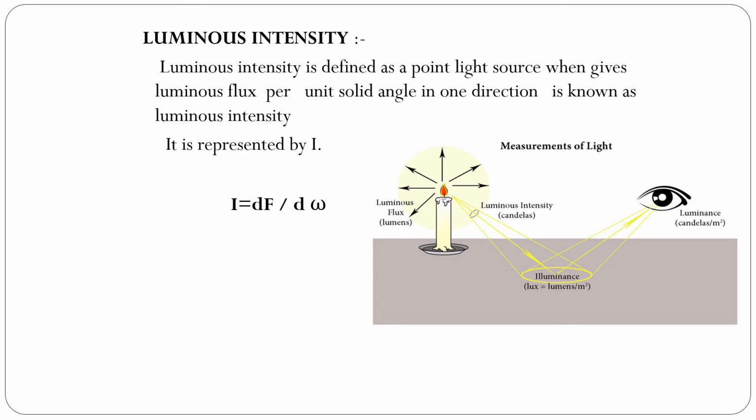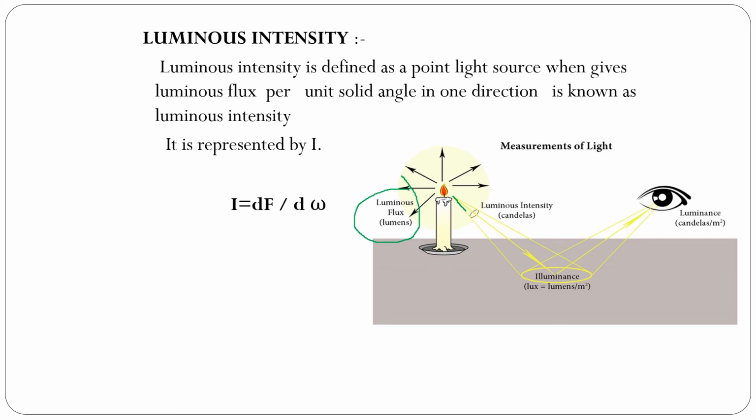So what is intensity now? Intensity is defined as the point light source that gives the luminous flux per unit solid angle in one direction. So this is luminous flux.